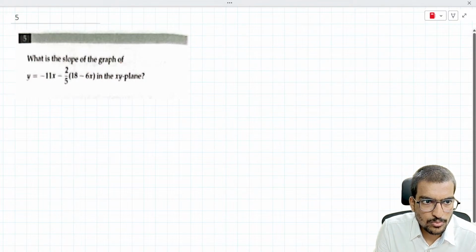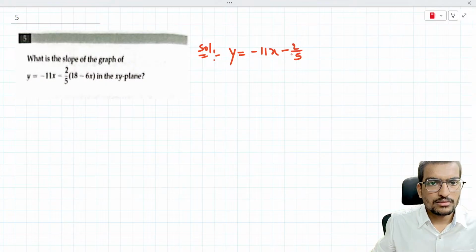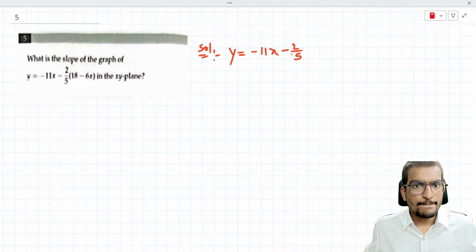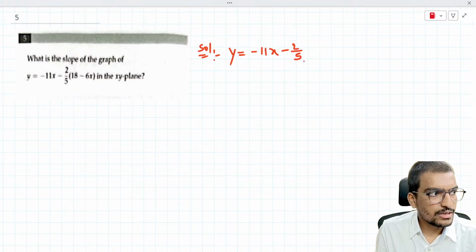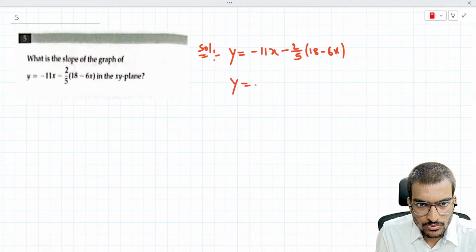What is the slope of the graph of this equation? So what we do is, the given equation, we turn it into y equals mx plus c format. So that's going to be y equals negative 11x, negative 2 by 5 times 18, and negative into negative is positive 2 by 5 times 6x.